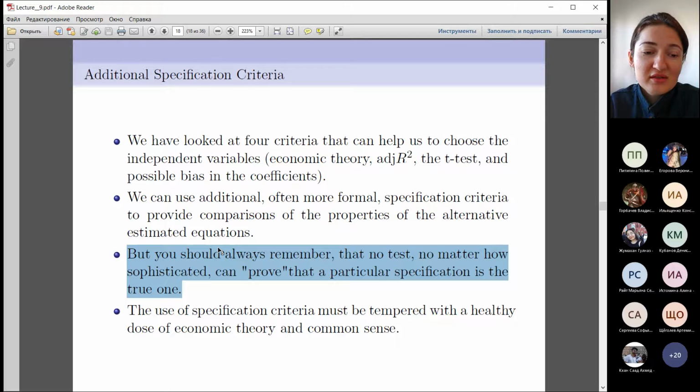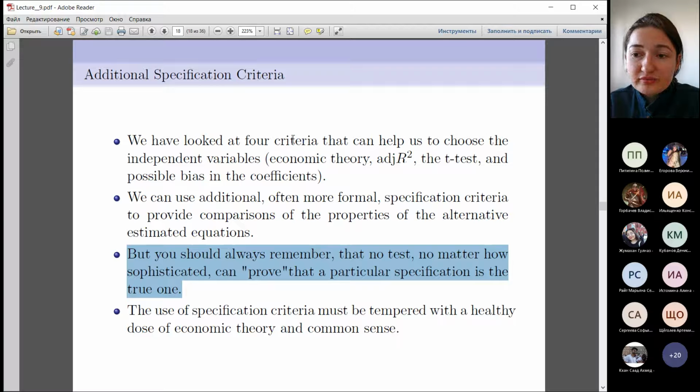You can't do this, and the use of specification criteria must be tempered with a healthy dose of economic theory, first of all, and also common sense, of course. So please don't rely only on tests. You can use them only as additional support for your conclusions, but not as the unique and right rule.